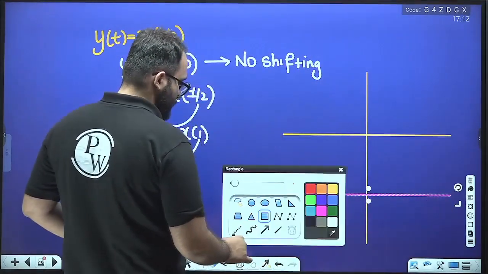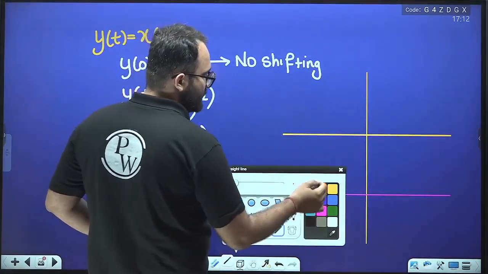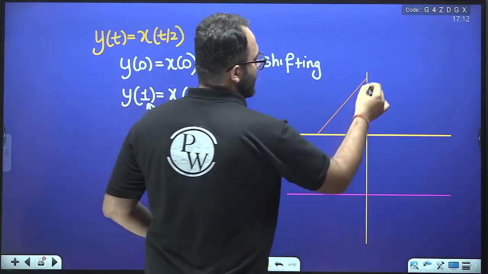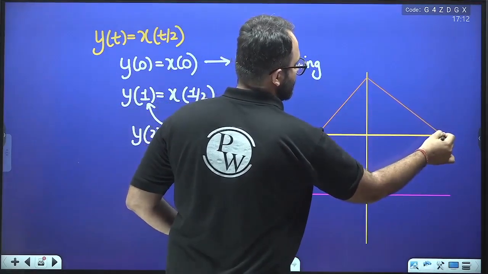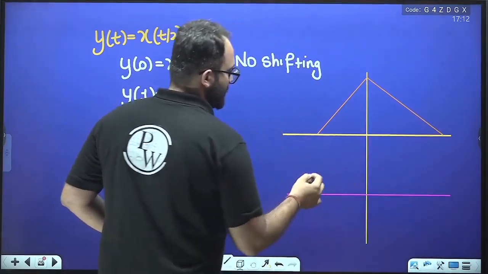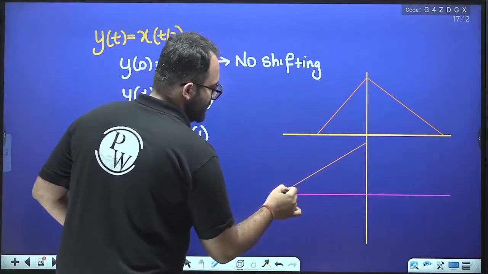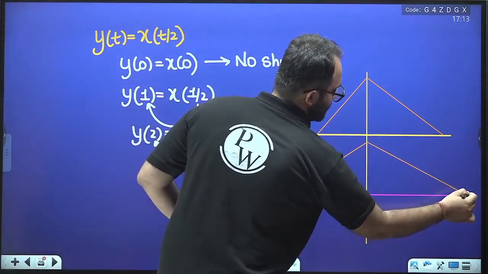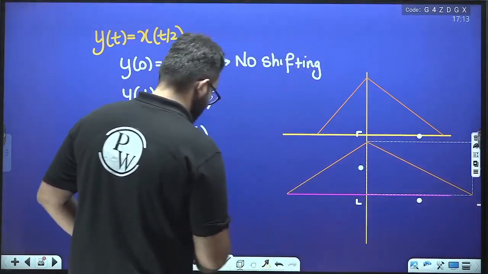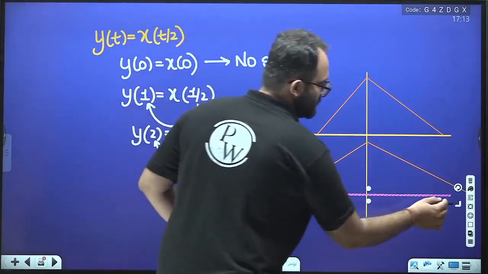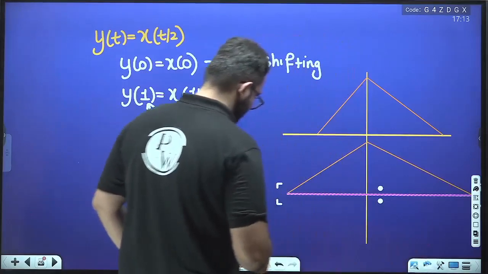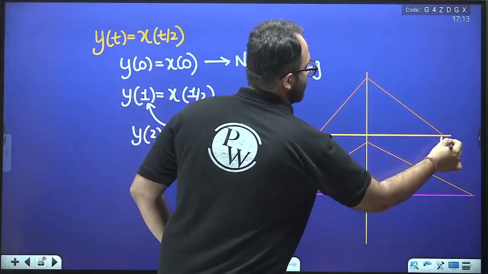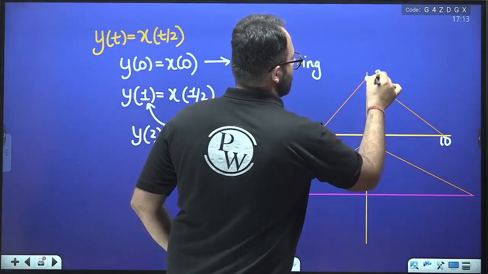Okay, now suppose we have a triangle from minus 10 to 10, let us say the height is 20.